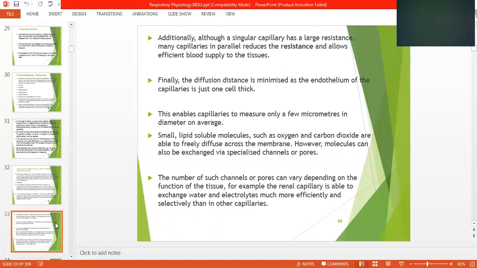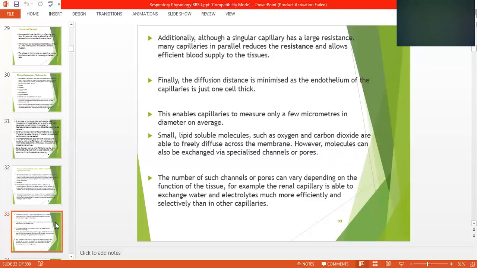Finally, the diffusion distance is minimized as the endothelium of the capillary is just one cell thick. This means the capillary vessels consist of single epithelial cells, and they have gaps between them, known as fenestrations, through which the exchange of blood takes place from capillary to tissue and tissue to capillary.